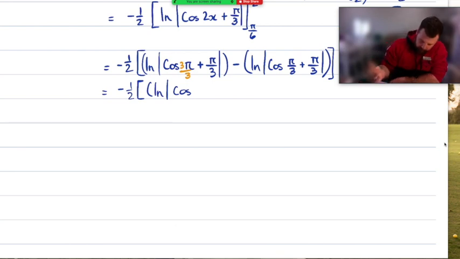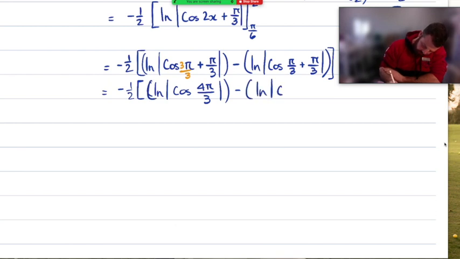So we are left with 3 pi on 3 plus pi on 3 is 4 pi on 3. Minus ln of absolute value of cos pi on 3 plus pi on 3. Well, that gets us to 2 pi over 3.